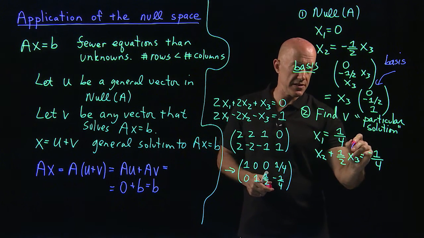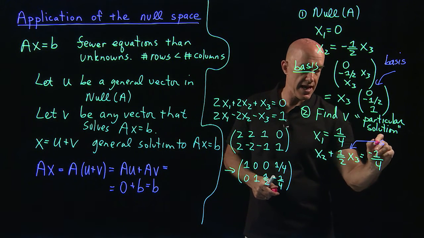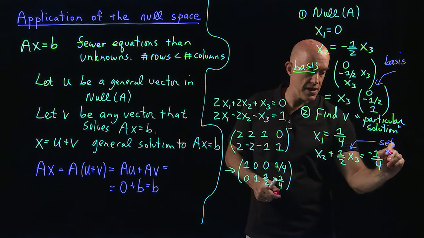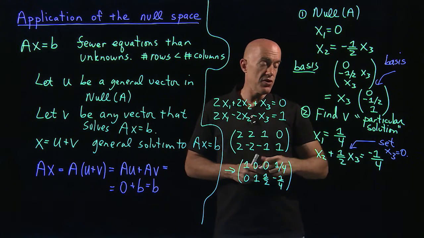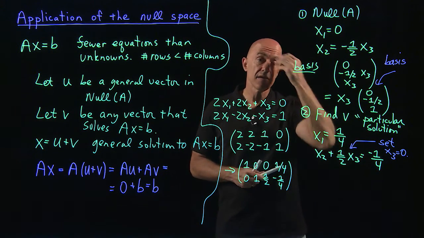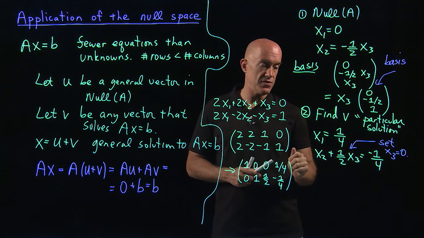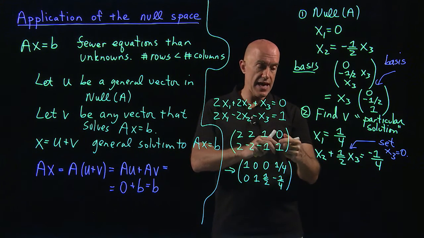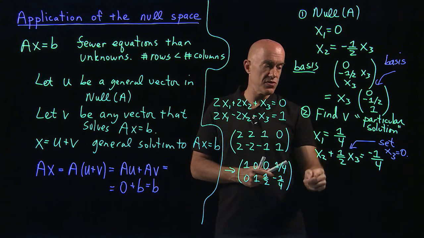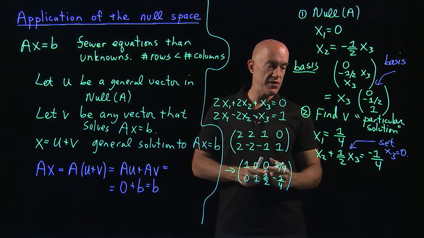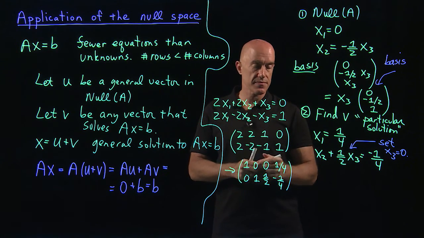So here, the easiest thing is just to set x3 equal to 0. Okay? You don't necessarily have to do that, but it's the simplest thing to do. And then we get as our solution here, x1 equals 1/4 and x2 equals -1/4.